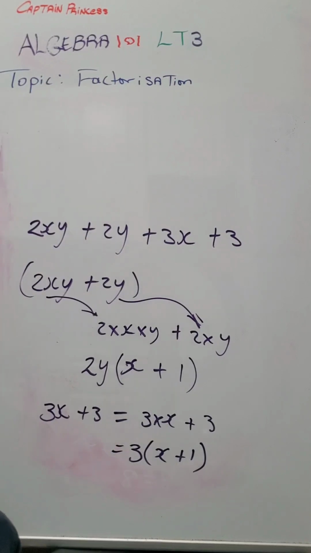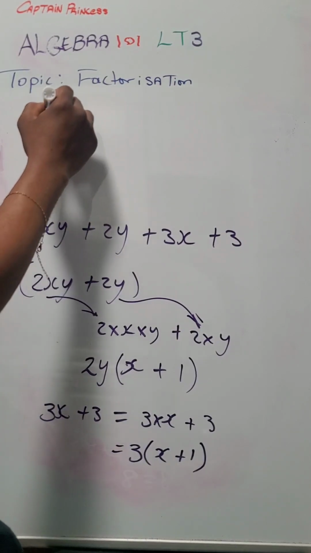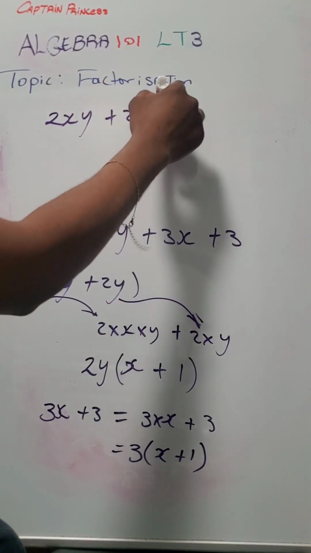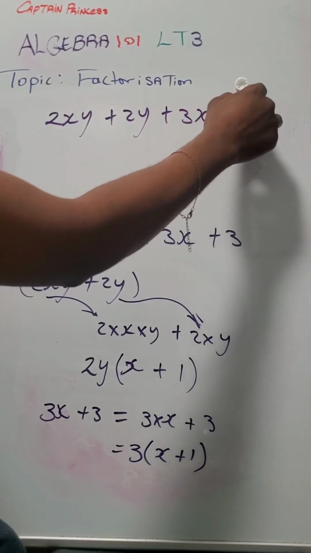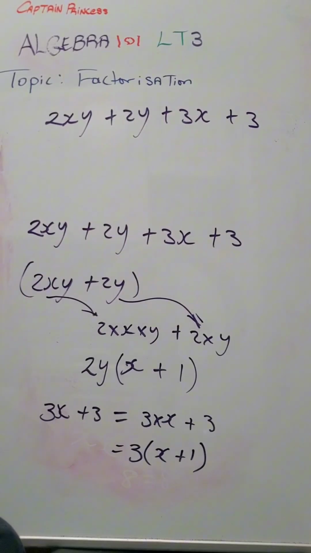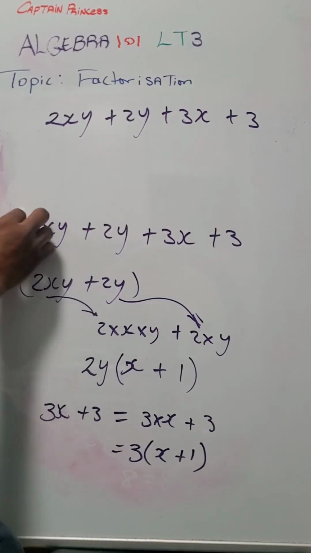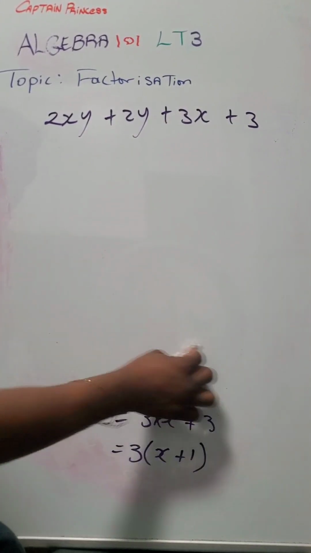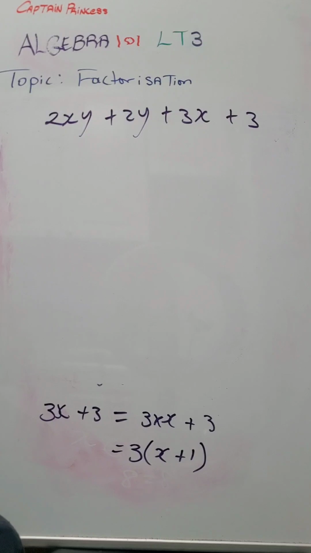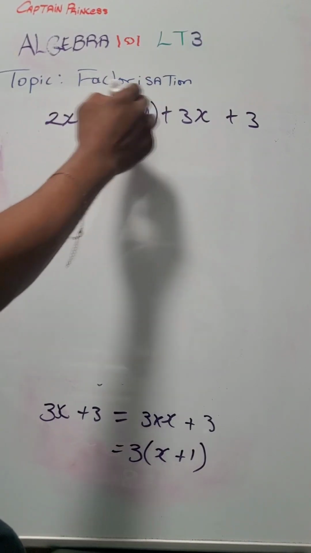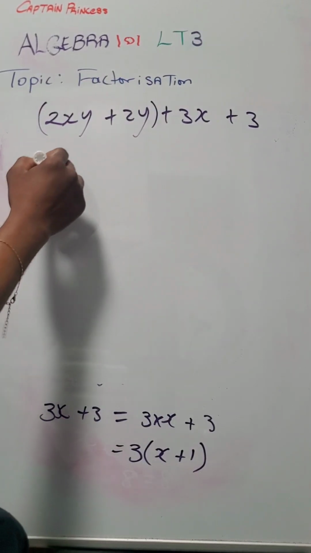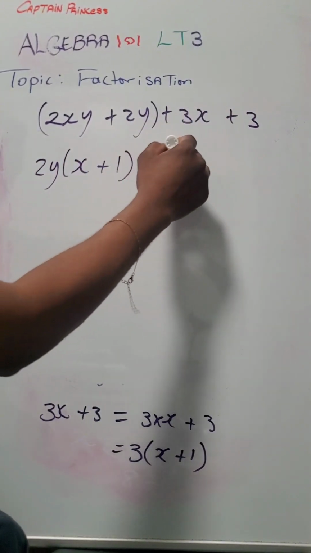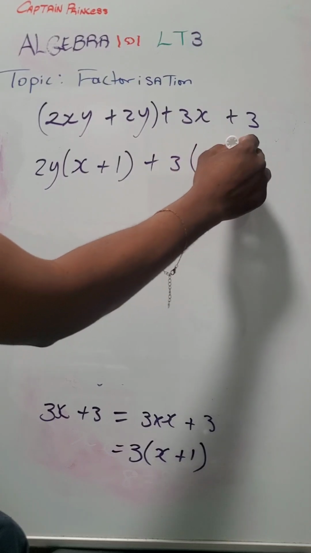Now up at the top, we can clearly state that 2xy plus 2y plus 3x plus 3 can be factorized by using the regrouping method, and the factors will be, for this we will have the 2y on the outside, x plus 1, and for this we'll have the 3 on the outside, x plus 1.